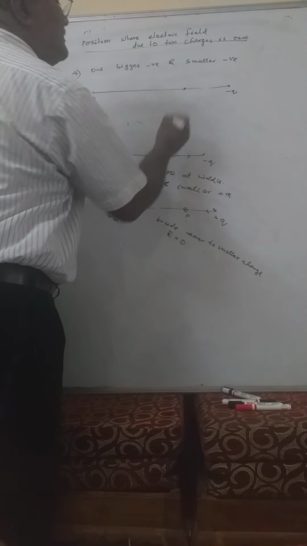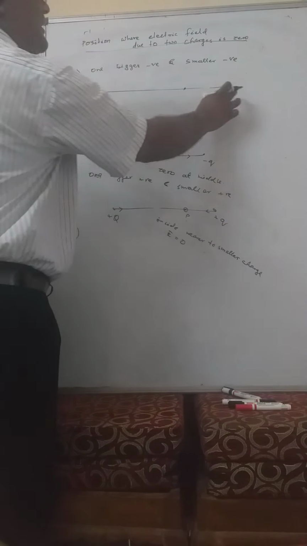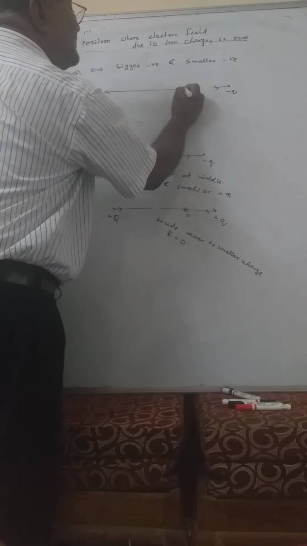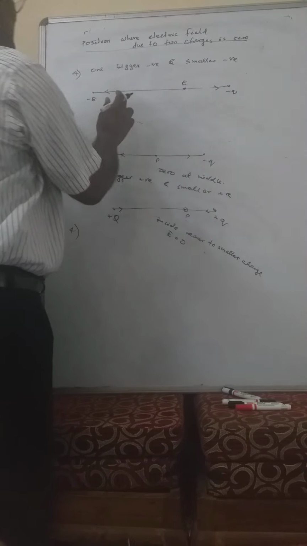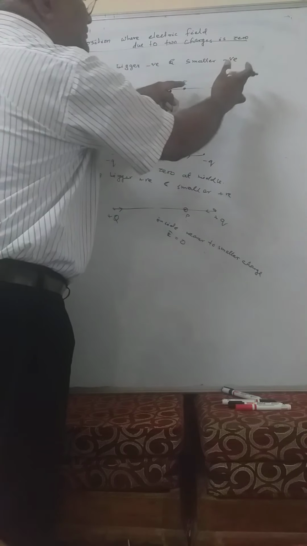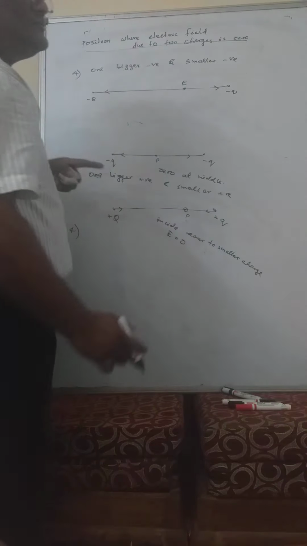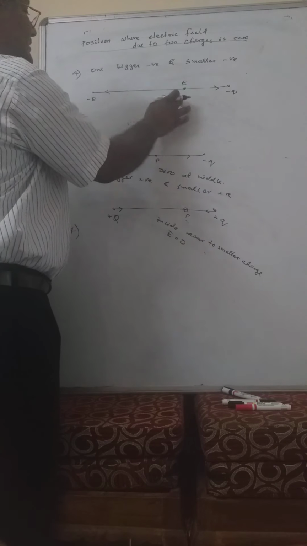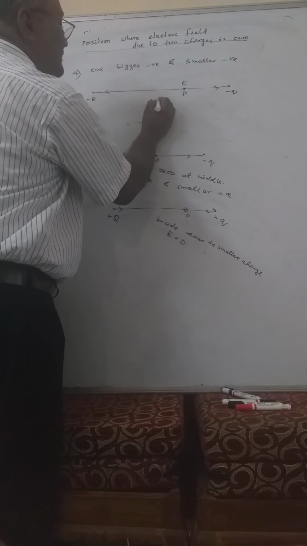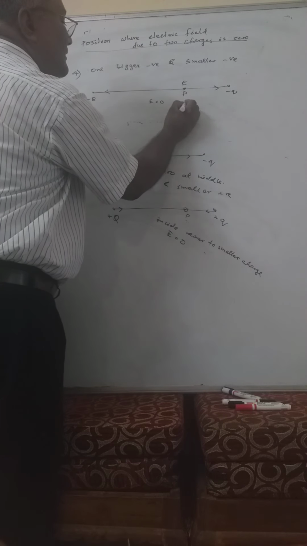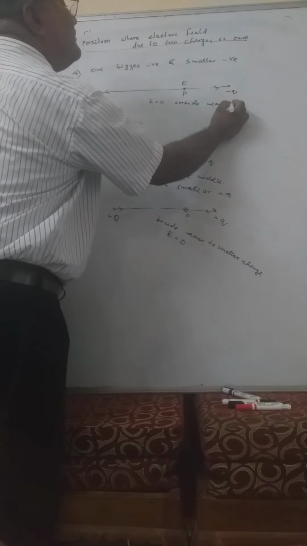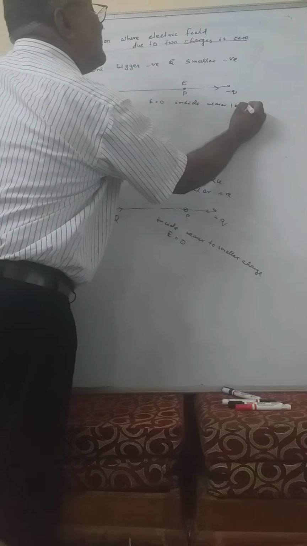Again the field will be zero nearer to the smaller magnitude. Negative, towards, the field here will be zero. K into the greater magnitude by the greater distance squared and k into the smaller magnitude by the smaller distance squared will be equal, and the directions are opposite, so the field will be zero. So where will the field be zero? Inside, nearer to the smaller magnitude.